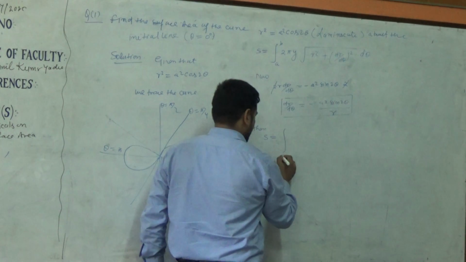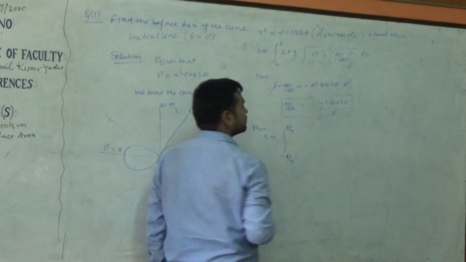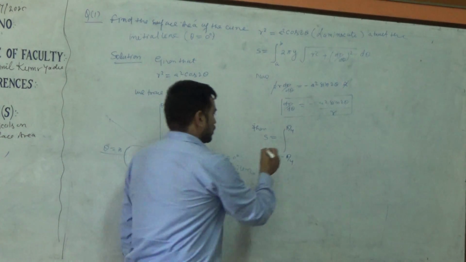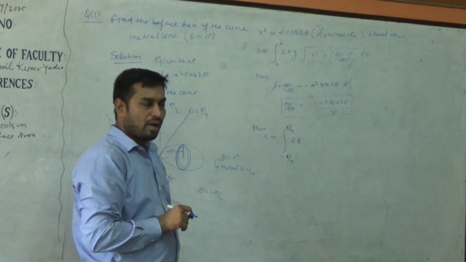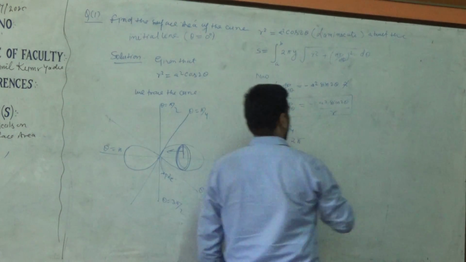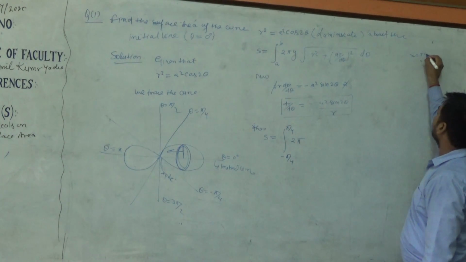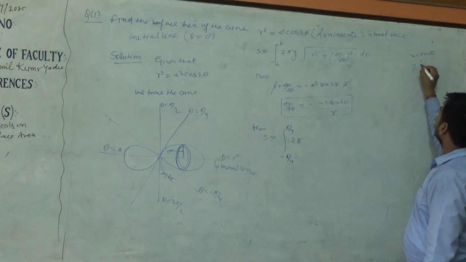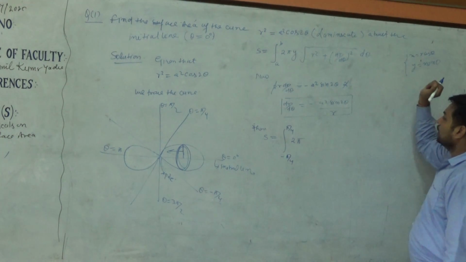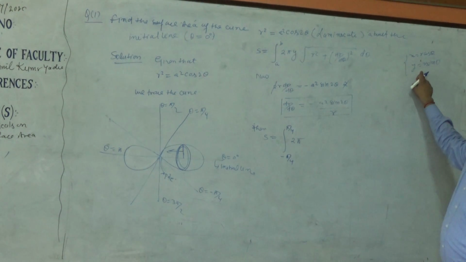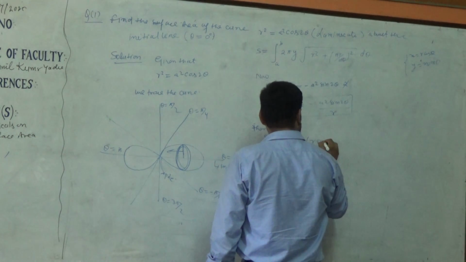In polar coordinates, x equal to r cos theta and y equal to r sin theta, so y equals r sin theta.